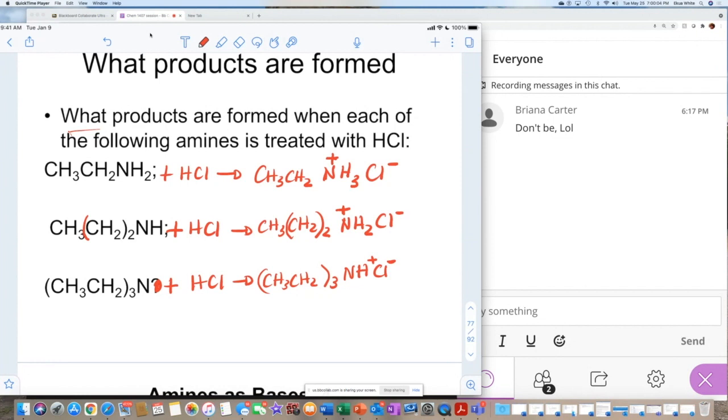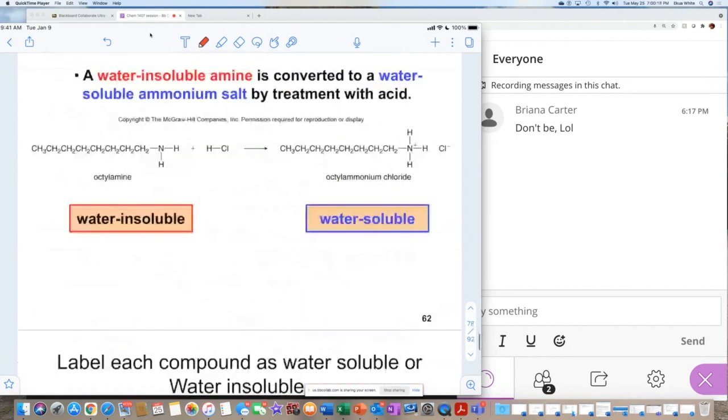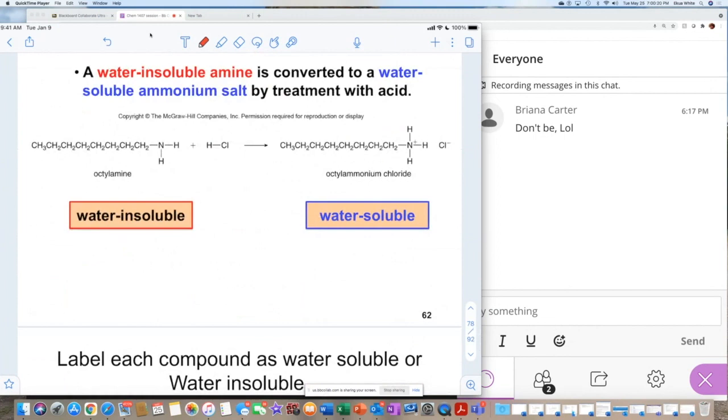And that's it. Yeah, all of these are soluble salts. So even if they were not soluble before, for sure, when you react it with the HCl, it becomes a salt and it's soluble. Okay, let's see. Look at that. Water insoluble amine, again, is converted to a water soluble ammonium salt by treatment with acid.